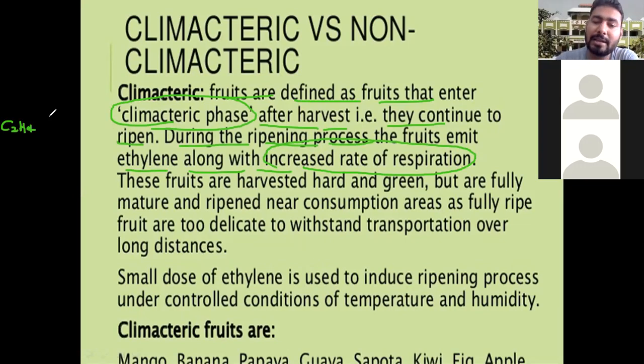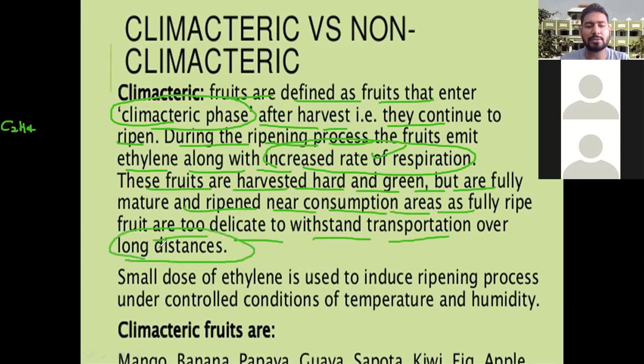Along with ethylene, they also increase the rate of respiration. This phenomenon is known as climacteric. These fruits are harvested hard and green, but are fully matured and ripened near the consumption area. Fully ripened fruits are too delicate to withstand transportation over long distances; if kept for a long time they will be spoiled.